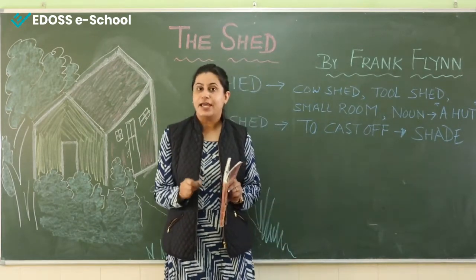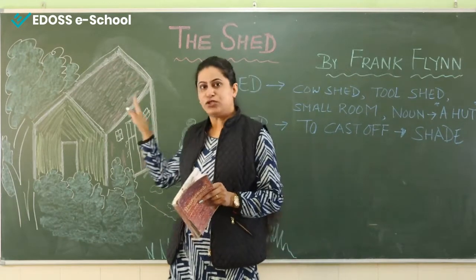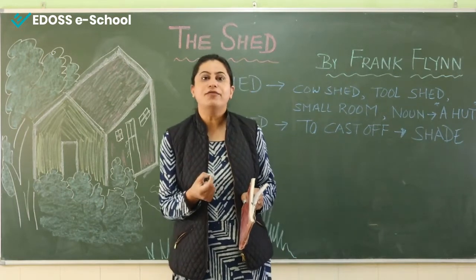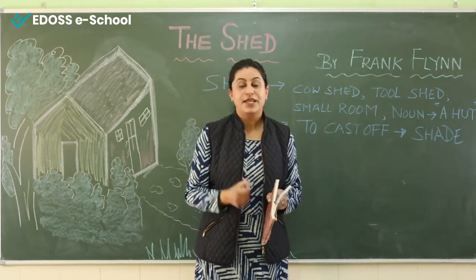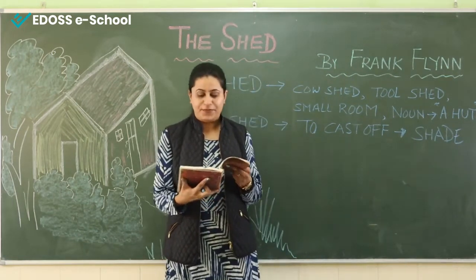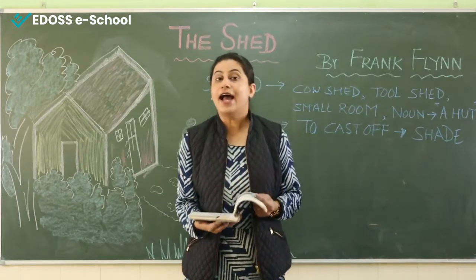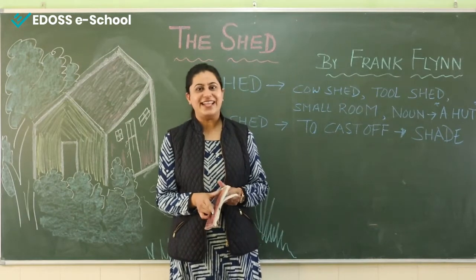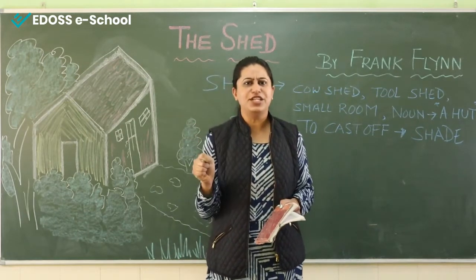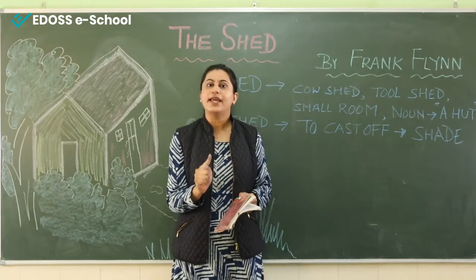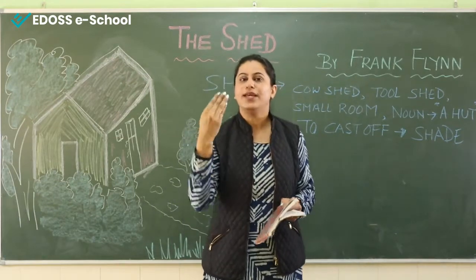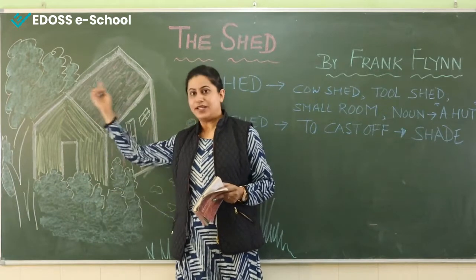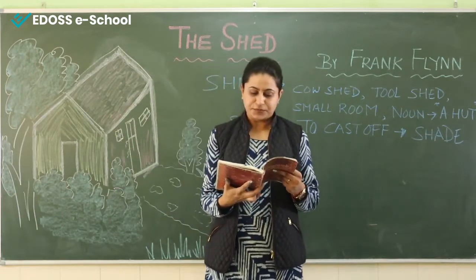Because every time this child passes through this place, he feels that someone is looking at him, someone is staring. And then he says, I'll peep through that window one day. Again, the same determination is there that one day I am going to look inside through this window, to see what is there in this shed.